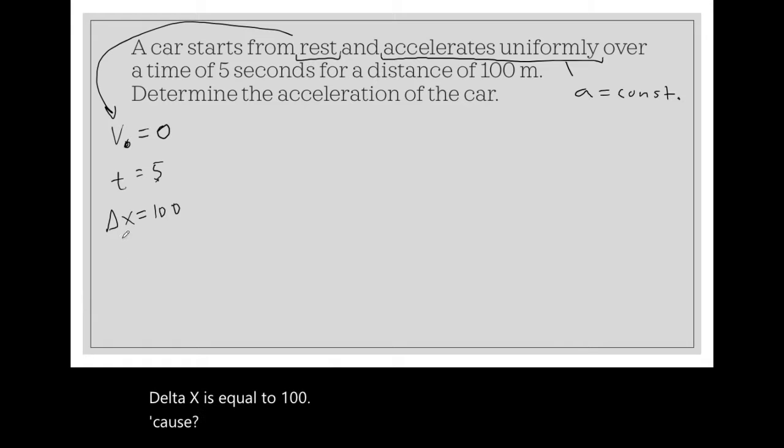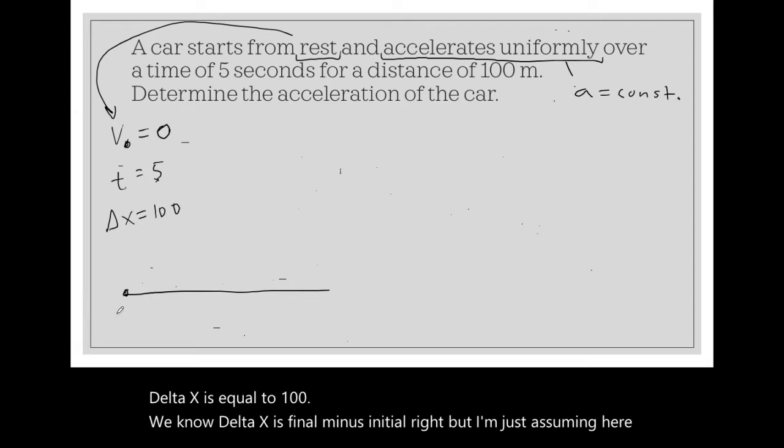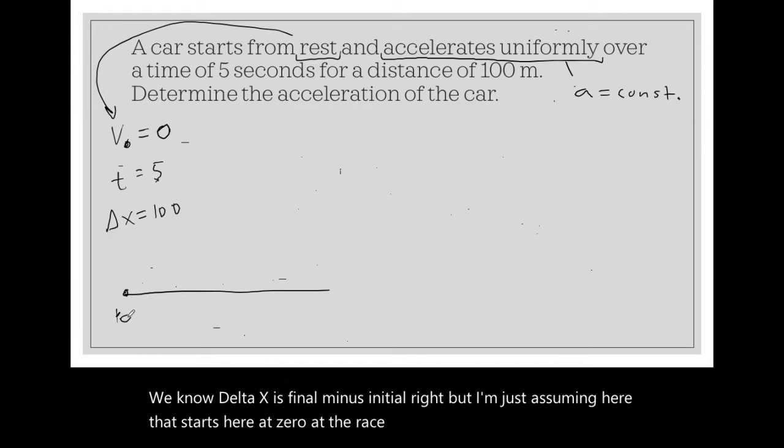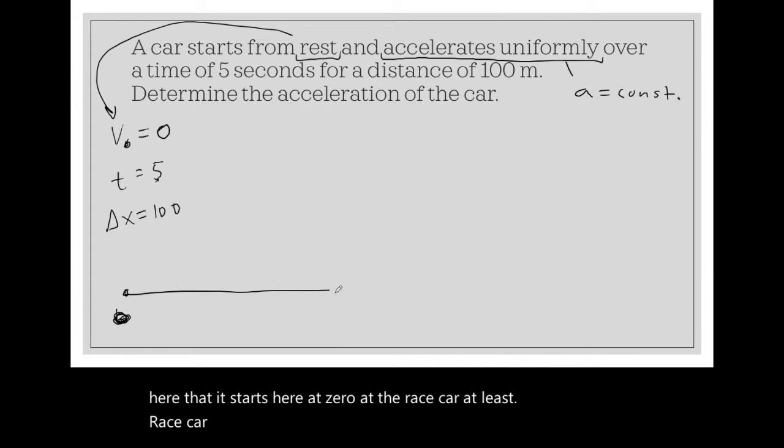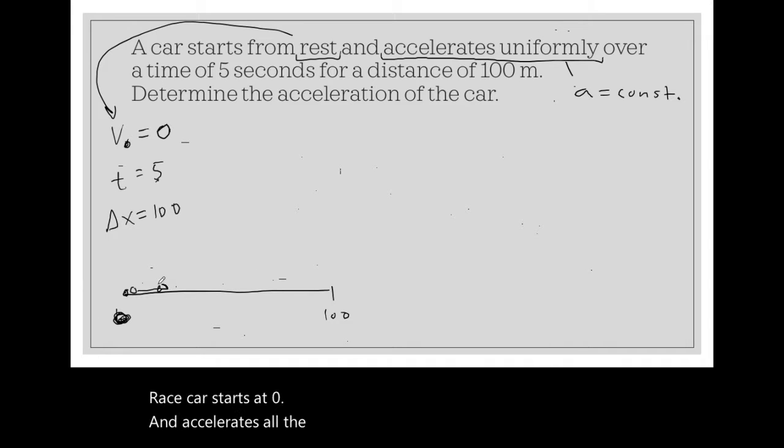Because we know delta x is final minus initial, right? But I'm just assuming here that the race car starts at 0, and it accelerates all the way over here to 100. Okay.